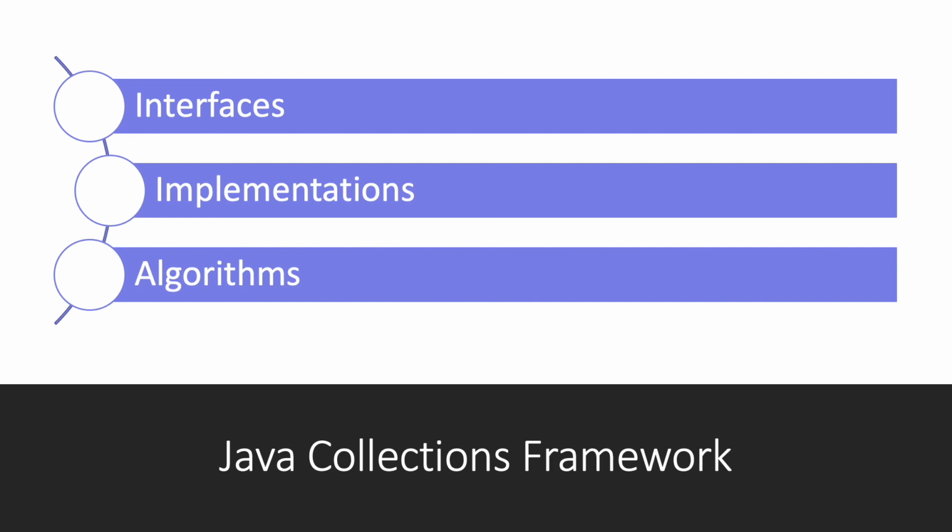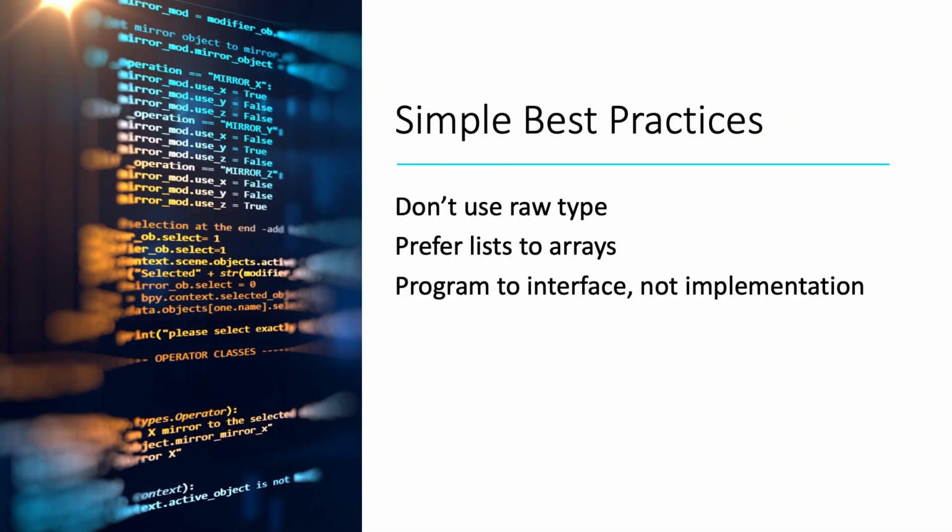These methods are available in the utility class collections. Some best practices related to the use of collections include not using raw types while declaring a collection object, preferring lists to arrays, and programming to interfaces. These guidelines can help us develop robust and flexible programs.